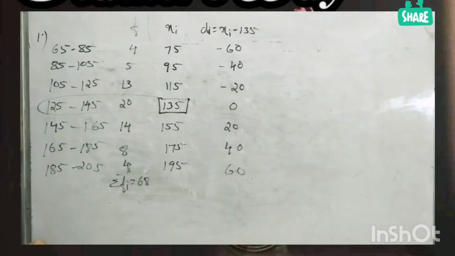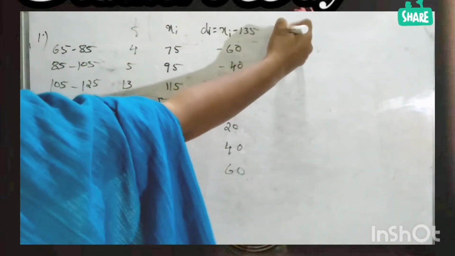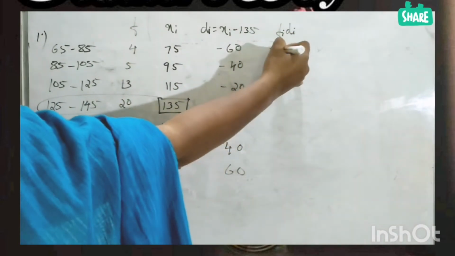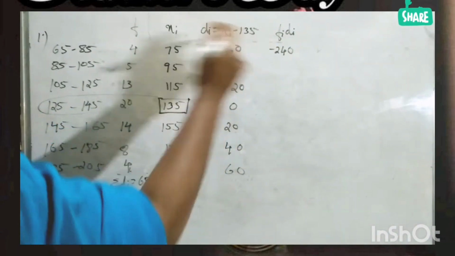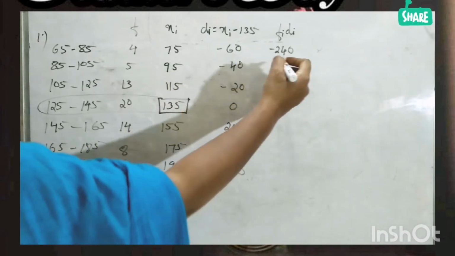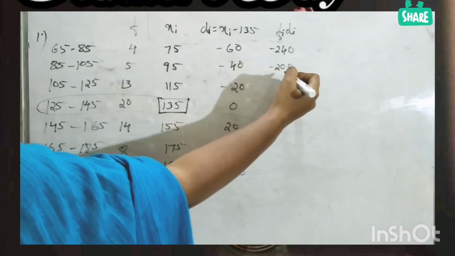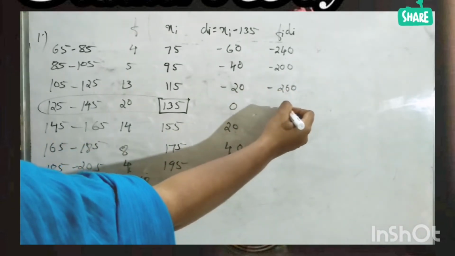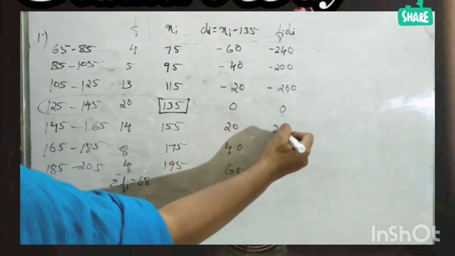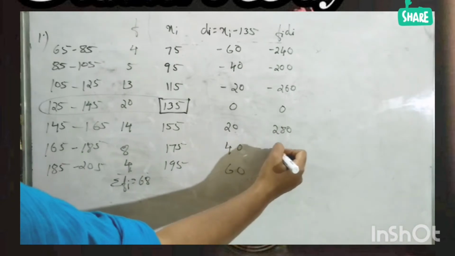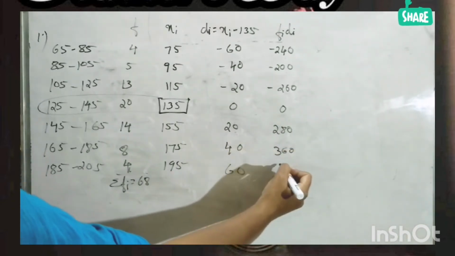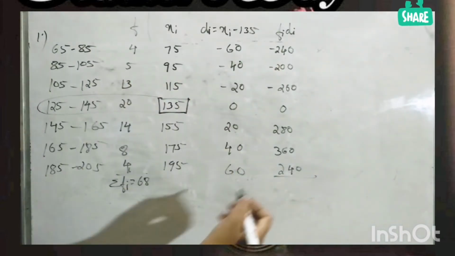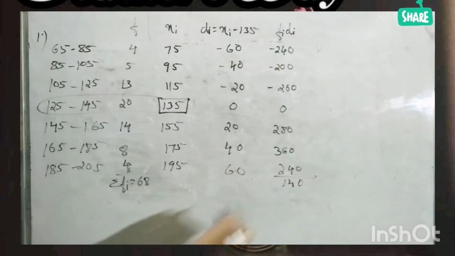The next one is fi into di, that is equal to minus 240, 5 into minus 40 is minus 200, minus 260, 0, 280, 360, 240, and the sum of this column we will get as 140.